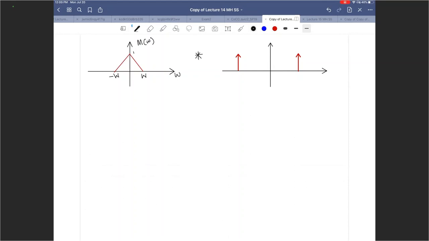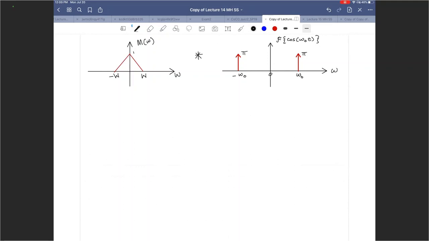When we convolve that with the Fourier transform of a cosine omega naught t, the height was pi, this is 0, this is omega naught, this is minus omega naught, this is omega.